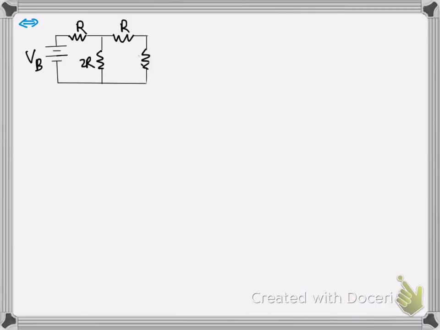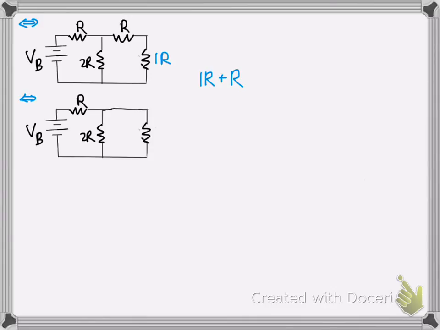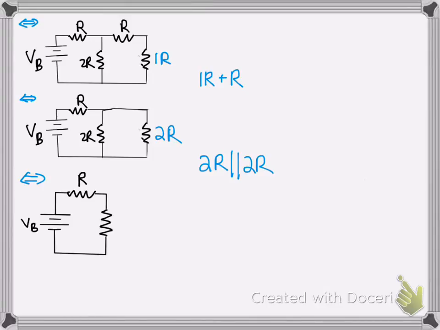So that can be reduced down to a single resistor, which 2 in parallel with 2 is simply 1R. And then it's the same thing as before. We got 1R plus R, and that will give us resistors in series, so that makes it a single resistor. We'll have 2R, and then again we got 2 in parallel with 2. We do it again, and we get 1R, and then we sum again. 1 plus 1 is 2.